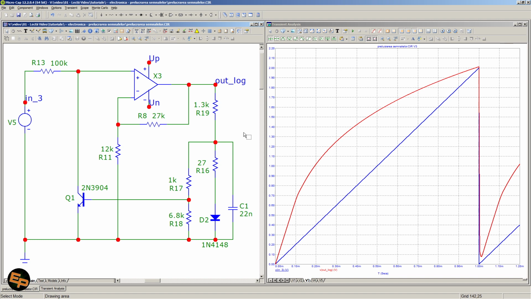Okay, I don't have a particular formula. I have chosen to have roughly an amplification factor of something between 3 and 4 for this op amp, so this is why you see R8 and R11 with these values. And the output signal gets passed through a 1.3 kilo ohm resistor. In my case, I found it to be good enough.